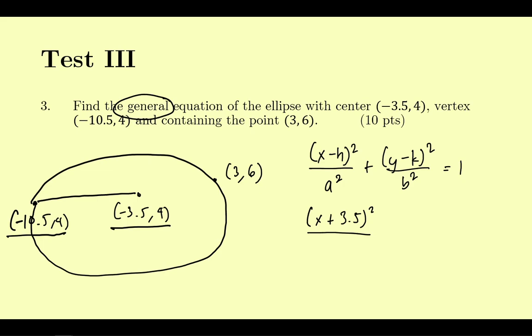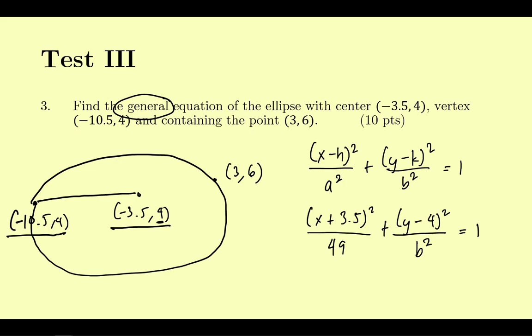So a is 7, or in other words, a squared is 49. Plus y minus 4 squared over b squared, which is unknown. We don't have the information about that. That's equal to 1.